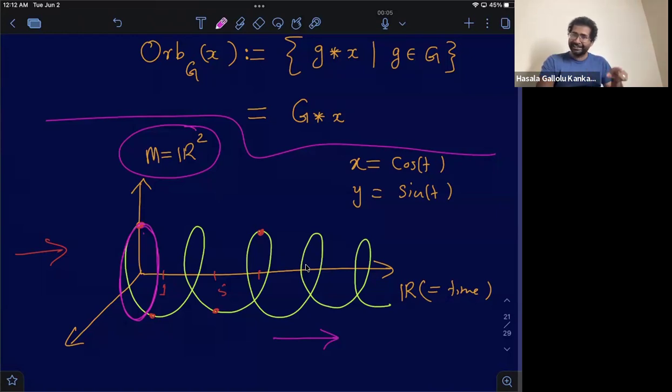But again, the story of this orbit is much more general. So keep this in mind. Later, when we try to generalize this to a little more general structures than just the simple ordinary differential equations world, orbit is still going to live there. Keep that in mind. All right.